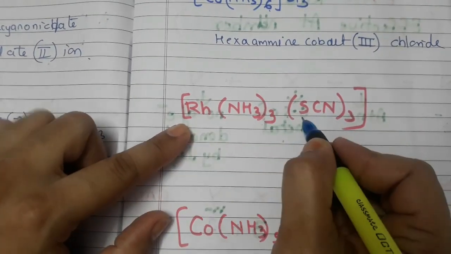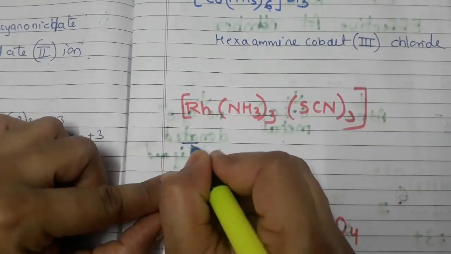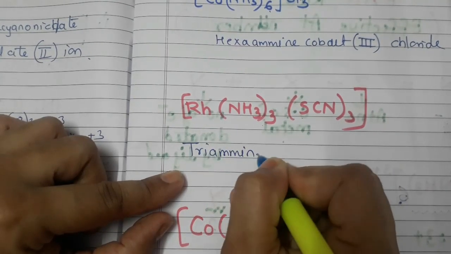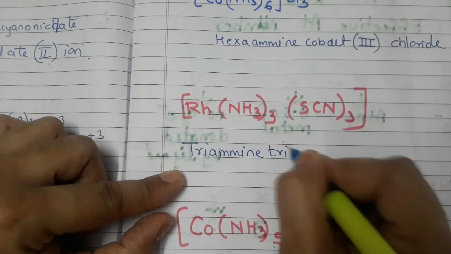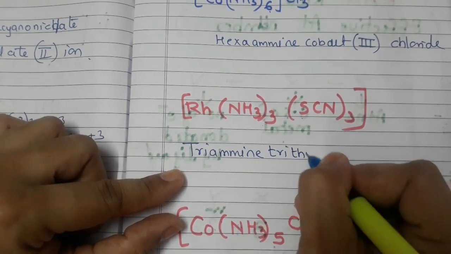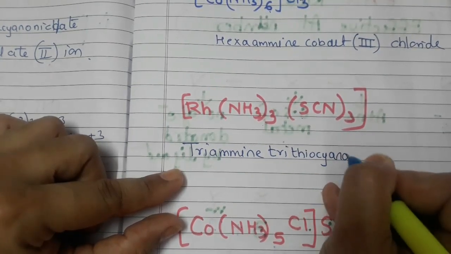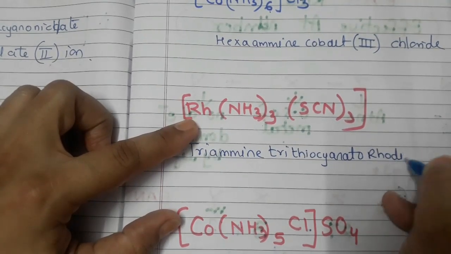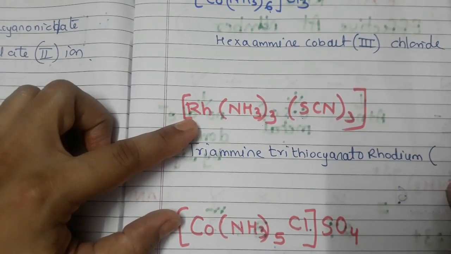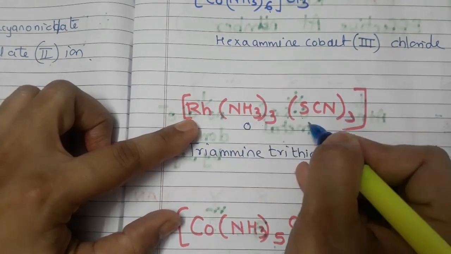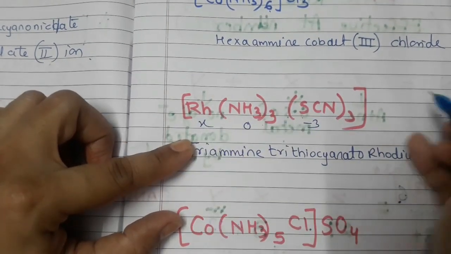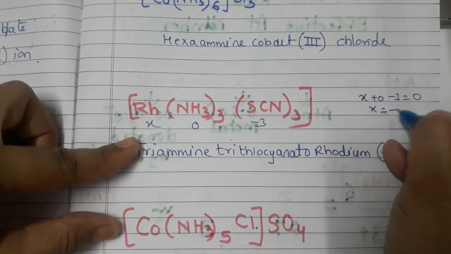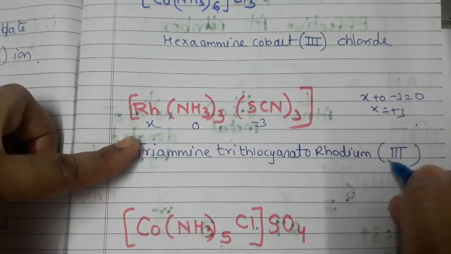So amine thiocyaneto, it is tri, so triamine, tri thiocyaneto rhodium. The oxidation state of rhodium: this is 0, this is minus 1, it is 3x. So X plus 0 minus 3 is equal to 0, X is equal to plus 3. So this is the name.